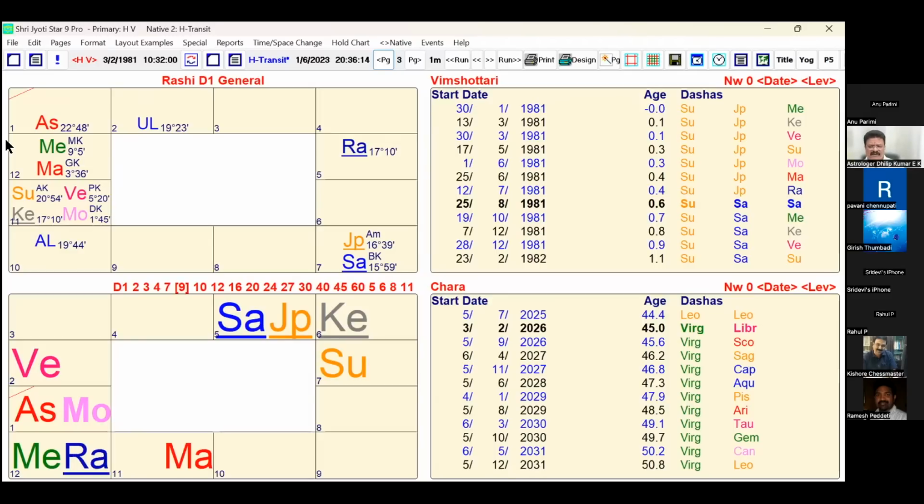So how many of you feel it could be personal, marriage, children, or health? Which side should we take? Sir, I can try to make a statement. The Lagna Lord is sitting in the 7th along with the 12th house Lord, and that too Saturn. It's a bandhan karak graha.